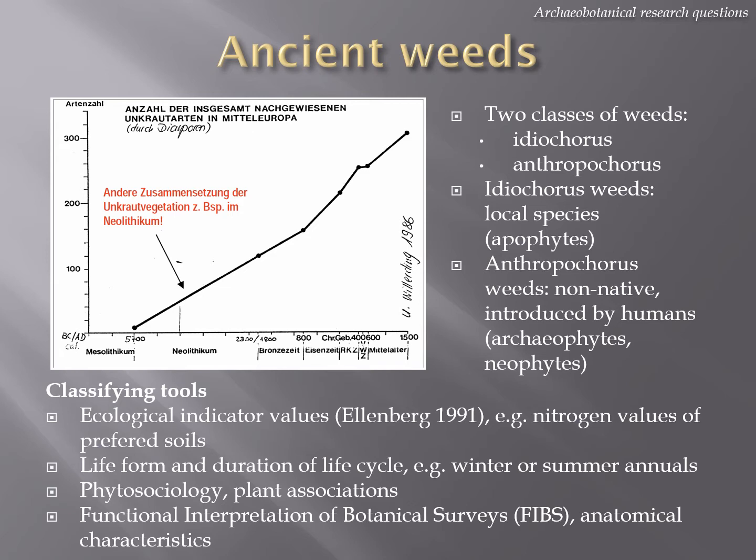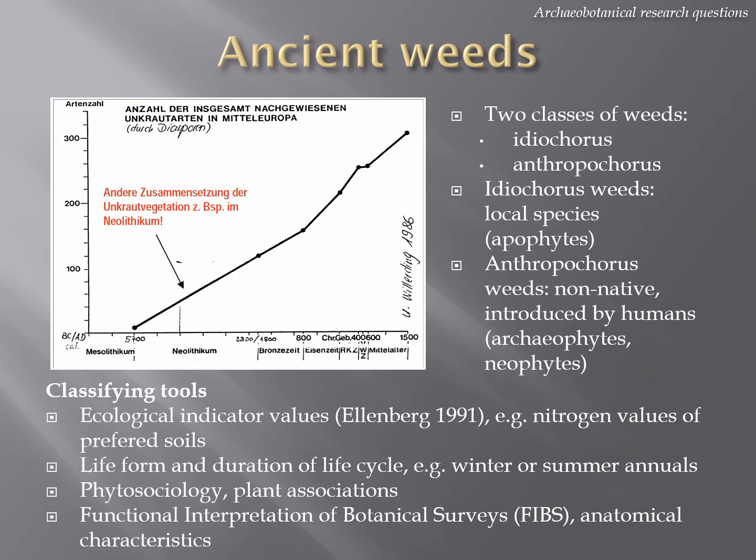Another tool that has been used was phytosociology, but also here we know that in modern communities there are distinct weed associations, and as already mentioned, the further back in time we go, the higher the likeliness is that these associations did not exist in the past.